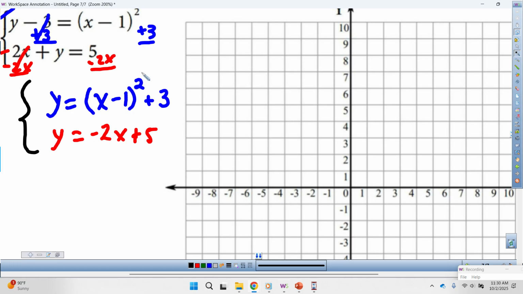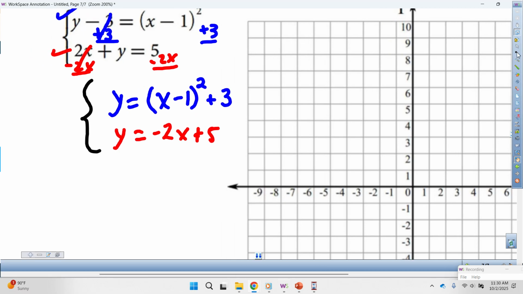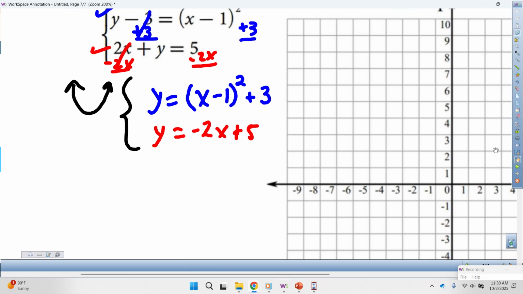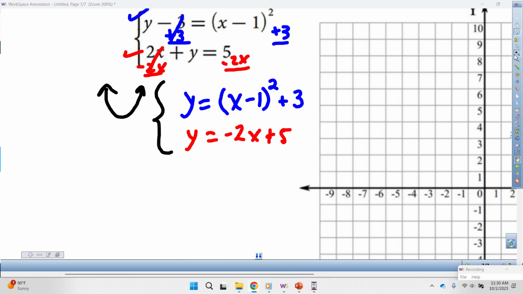If it has a square, it's a what? A quadratic, which means the graph is going to look like this. Look up, please, or you're going to miss it. This blue one has to look like that. Is that correct?